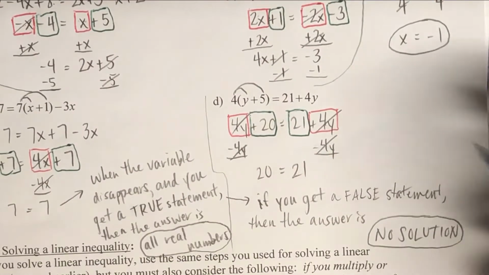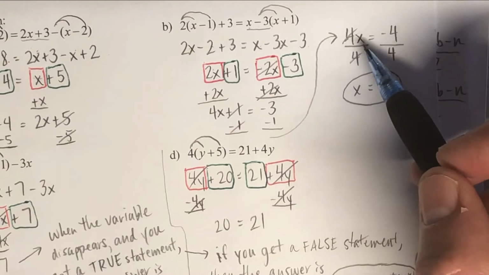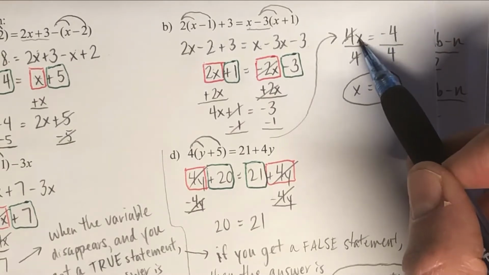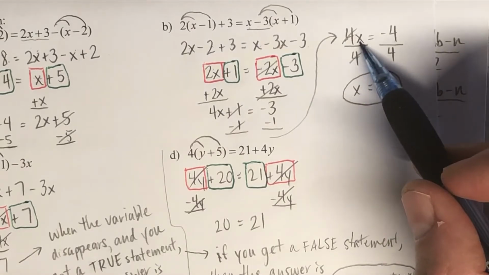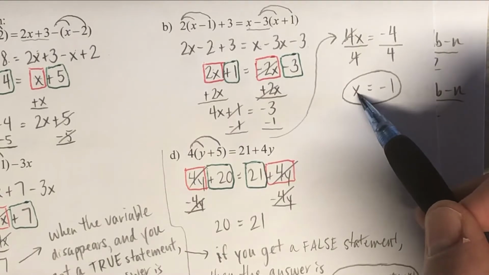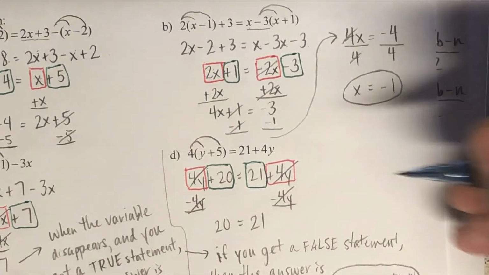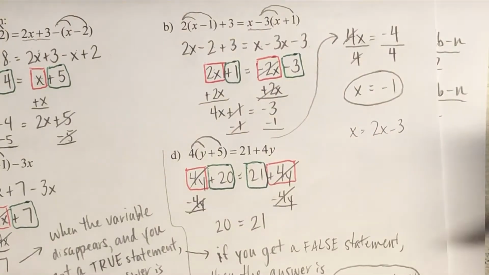Remember, and let me remind you, if you don't remember, the goal when you solve an equation for a variable is to not only get the x by itself, but so that the x, or whatever variable is designated, is not on the other side. Okay, see how you got x by itself, but it's not on the other side. If you had x equal to 2x minus 3, that doesn't count.